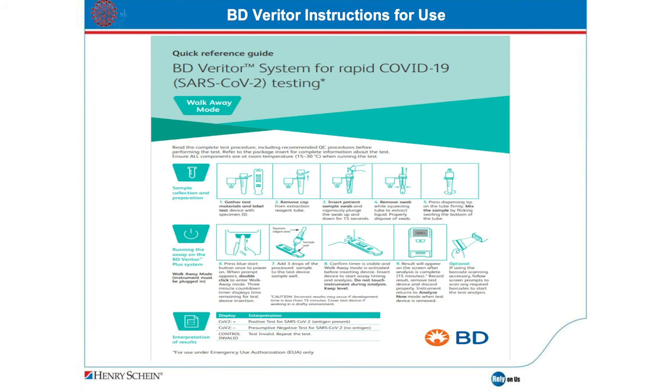And we also have a video that we'll show you shortly that takes you through the testing process. It does involve a couple of steps of sample preparation, a little bit more than perhaps Q Health, but still a very simple process and can be done easily by your staff. Let's go to the video and see the product in the works.